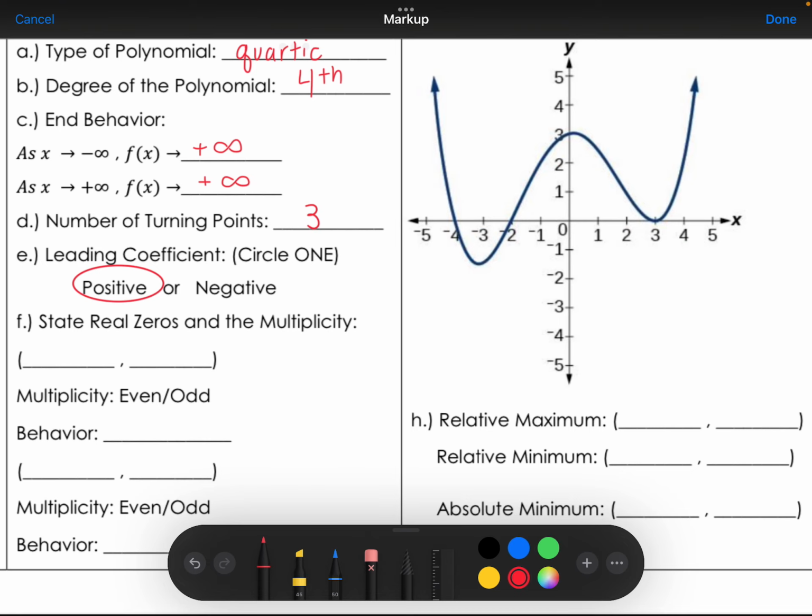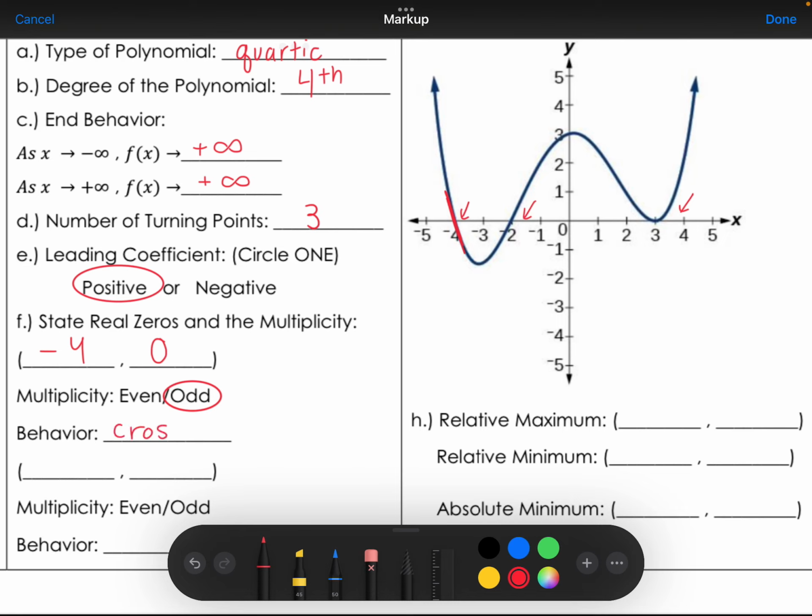So, as you can see, we have a 0 here, here, and here. So, we have a 0 at negative 4. And that's an odd multiplicity because it goes through the axis. See how it goes right through it?